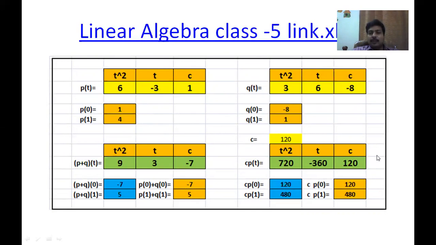This is the multiplication segment. So here c times p of 0 is this one, both are the same. Here it is multiplied with 120: 1 into 120 is 120, 4 into 120 is 480. So this is CP, equivalent to CP of 1.